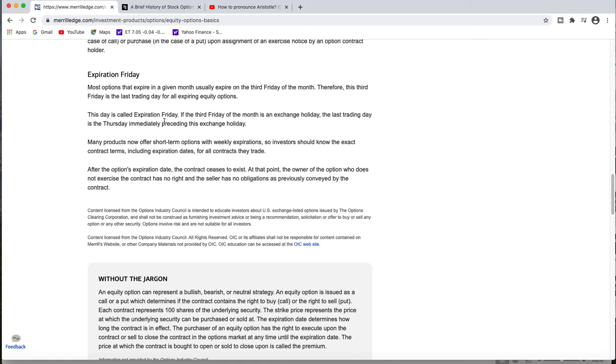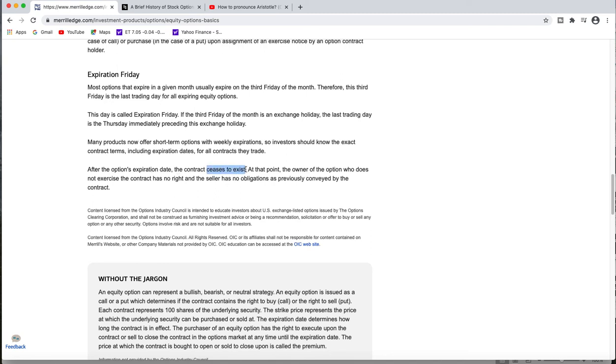This day is called the expiration Friday. If the third Friday of the month is an exchange holiday, the last trading day is the Thursday immediately preceding this exchange holiday. Okay, after the option's expiration date, the contract ceases to exist.